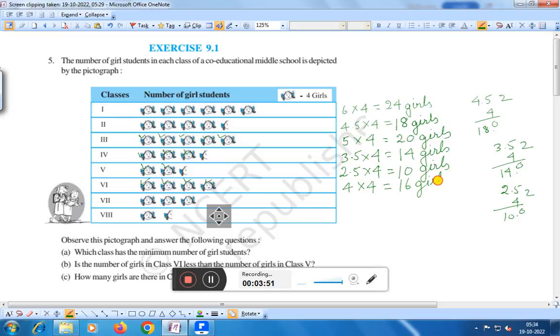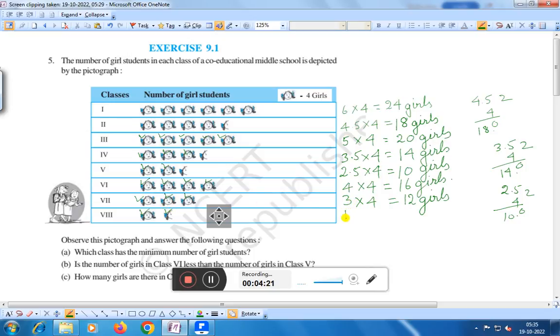16 girls. And in class 7, how many students are there? Here you see 1, 2, 3. 3 pictures are there, and each picture represents 4 girls, therefore 3 into 4, that is 12 girls. Now in class 8, how many students are there? 1 and a half, right?